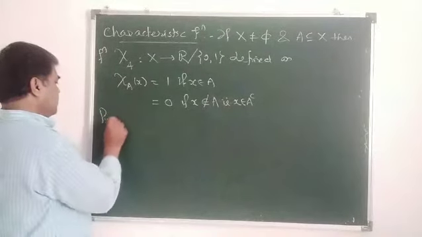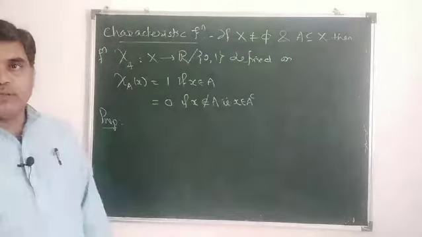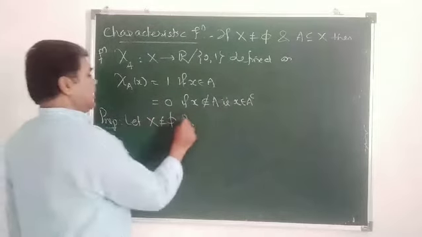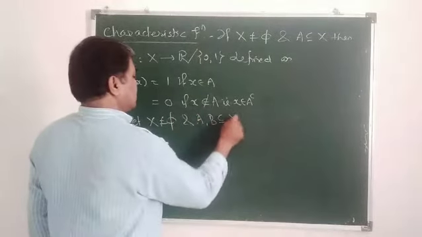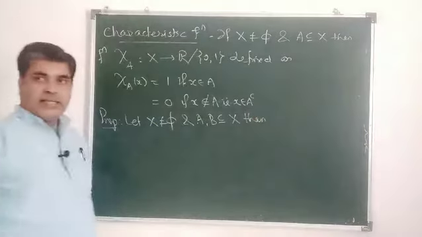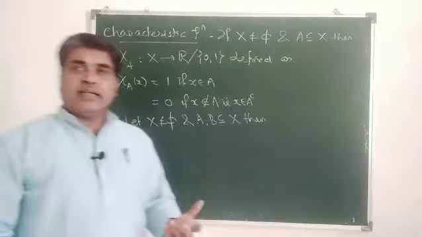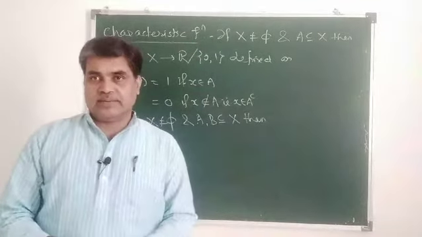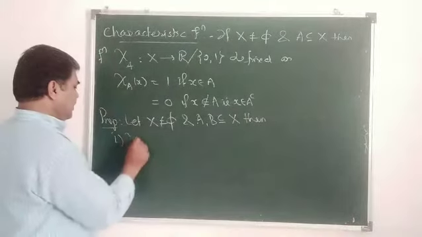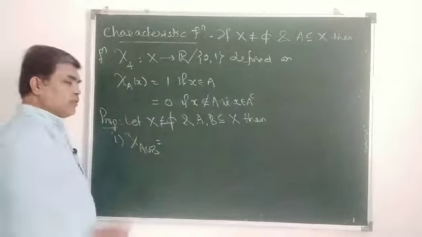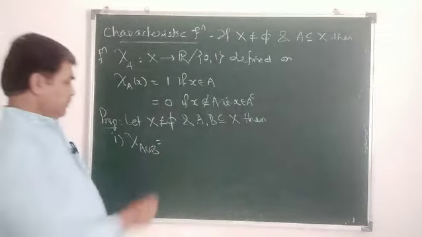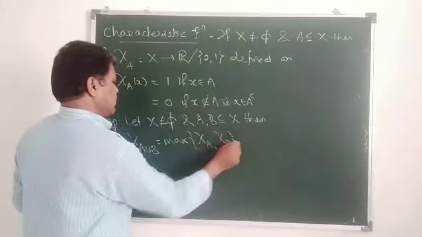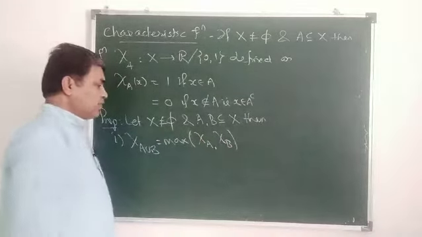Properties or theorem: let X be a nonempty set and A, B are subsets of X. Then I can talk about the psi A function, psi B function, psi A union B, psi A minus B, psi A intersection B, etc. First, psi A union B is equal to the maximum of psi A, psi B function.